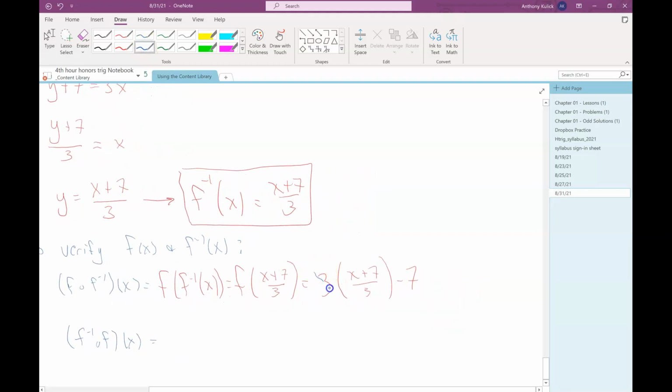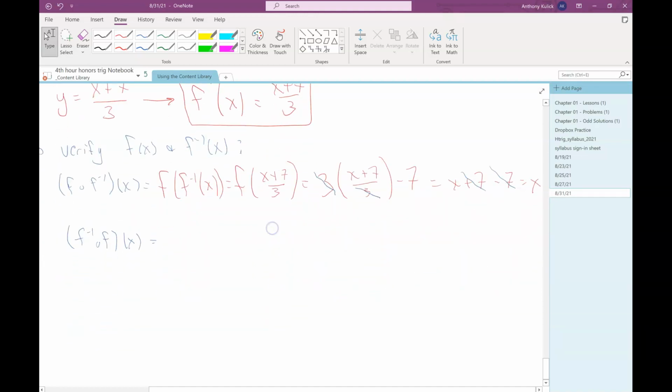Well, I have a multiplied by 3 and a times 3, so those cancel out. And then I have a plus 7 and minus 7. Those cancel out. And we have just x. Yes?